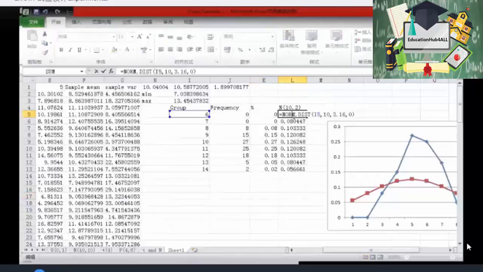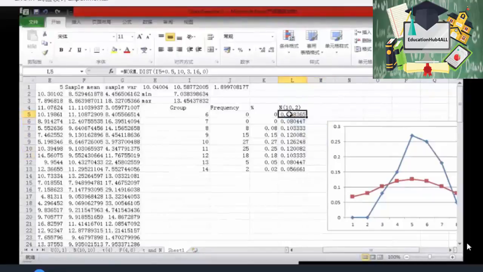There is actually another problem here. We should do some adjustment. For this f value, we should add half. After that, it will be much better, especially if we have a very large sample.